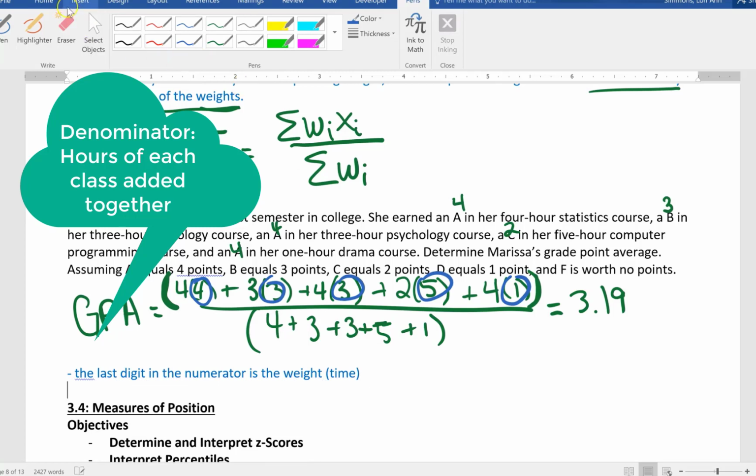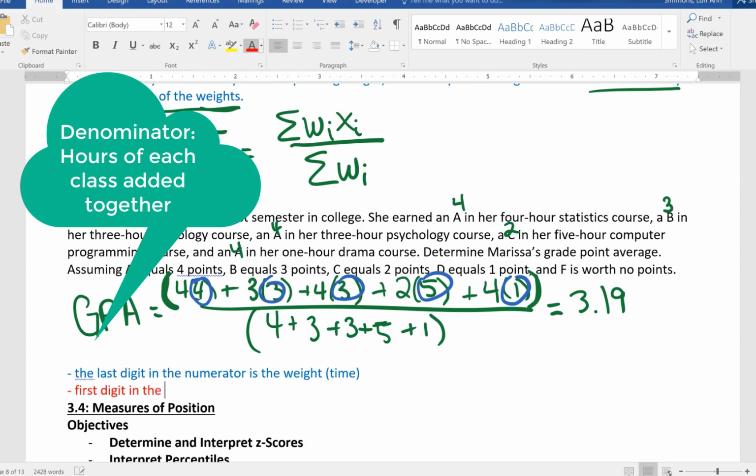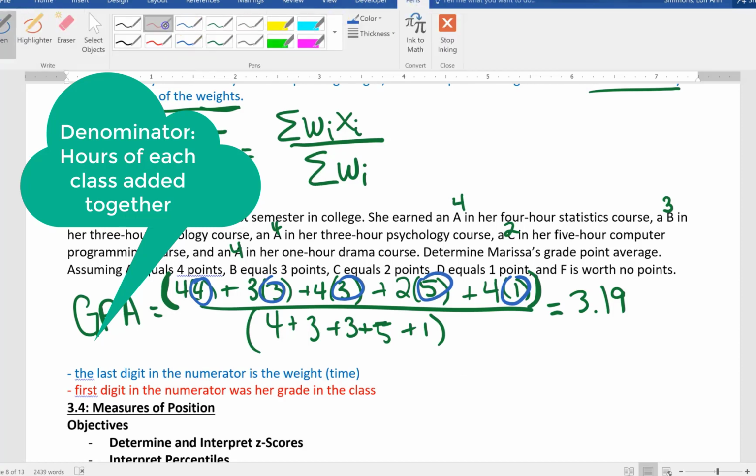Then, let's put this in red. The first digit in the numerator was her grade in the class. So I'm going to circle those in red. So hopefully that helps you distinguish between the two.